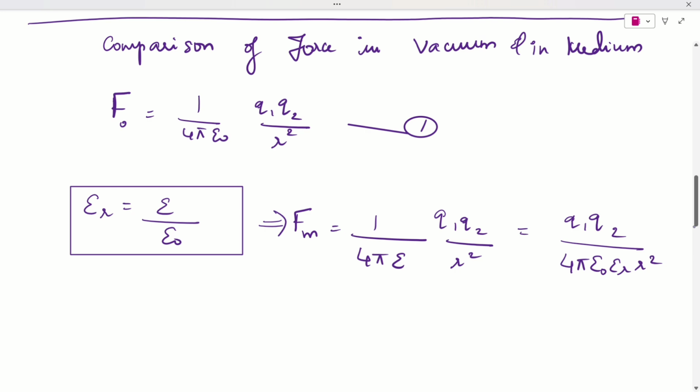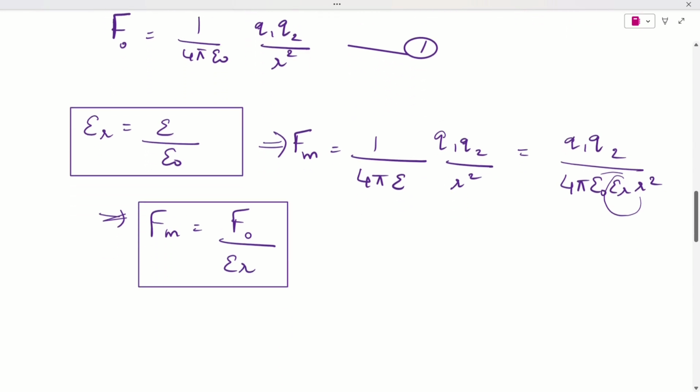From 1 we can observe all the terms to be exactly the same as F naught except this term. So I can write my Fm to be F naught by epsilon r, right?